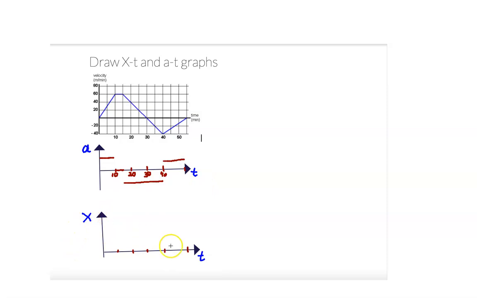so position time graph. From the velocity time graph, I do not know where my initial position is. However, I will assume that my initial position is at 0 at the time moment equals to 0. Therefore, I will start from the origin.